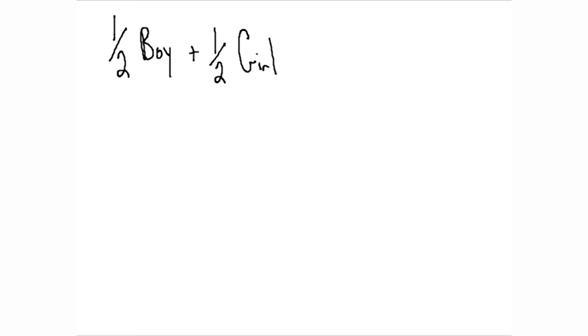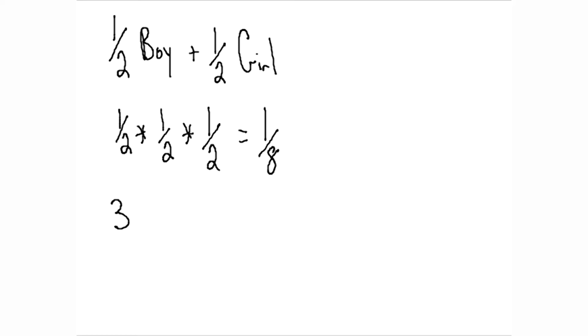So if you were asking the question, what were the chances of a couple having 3 girls in a row, it would be 1/2 times 1/2 times 1/2, or 1/8.